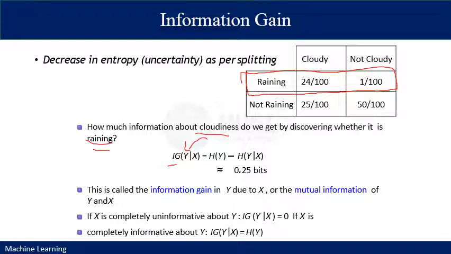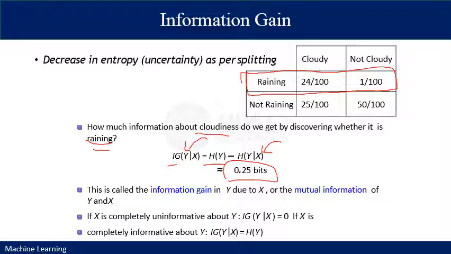Information gain is calculated as the entropy of the cloudiness minus the conditional entropy of the cloudiness given the training example of the raining. We calculated both the values and the result is approximately 0.25 bits.